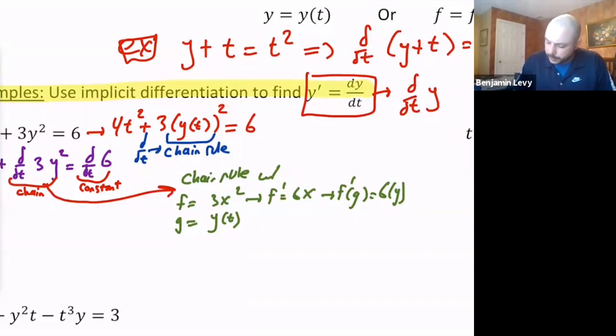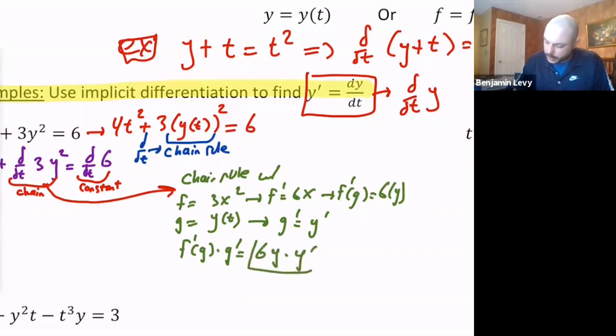And then when you differentiate the g part, it just becomes y prime, right? So g prime is just y prime. And so then the full-on chain rule, if we did f prime of g times g prime, that's going to be 6y times y prime.